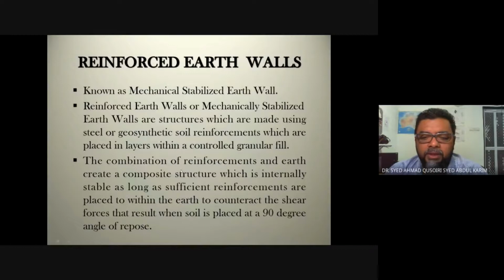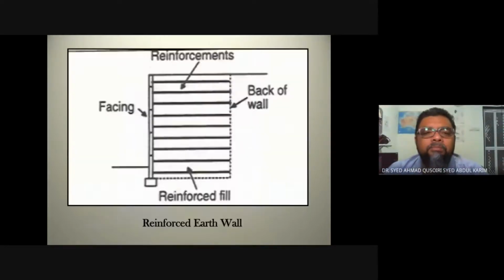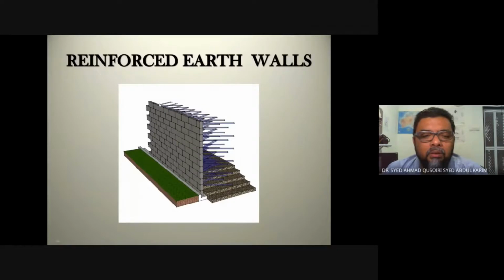The combination of reinforcement and earth creates a composite structure which is internally stable as long as sufficient reinforcement is placed within the earth to counteract the shear forces that result when soil is placed at 90 degrees. So what is keeping the wall in its place is these reinforcements.